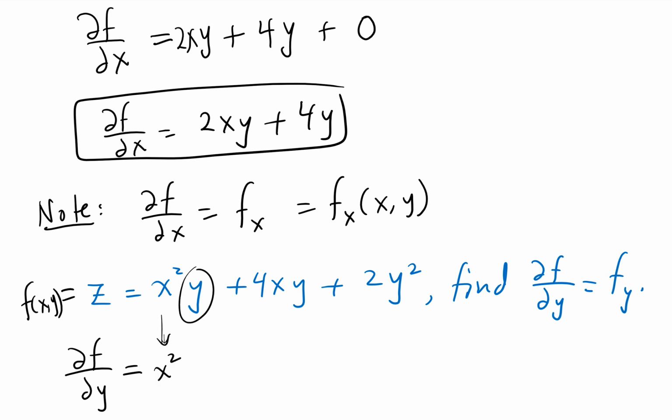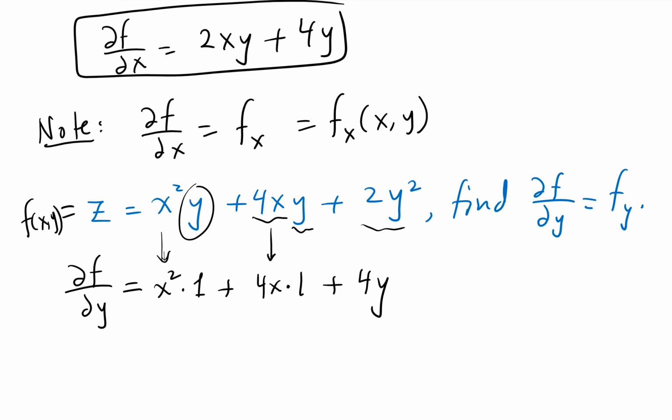Derivative of y is 1, plus keep the 4x the same, derivative of y is 1, plus the derivative of 2y squared is 4y. So that gives us x squared plus 4x plus 4y.